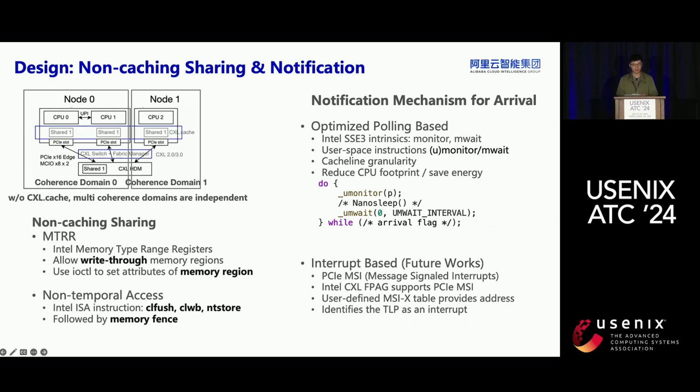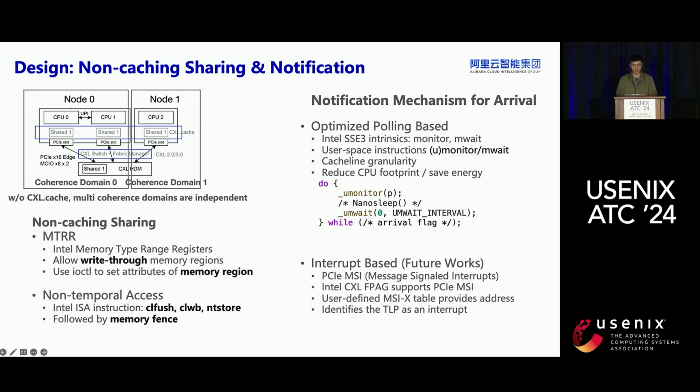The first is MTRR. It provides a way to control access and cacheability of physical memory regions with certain ranges of memory addresses. It allows for write-through, write combining, and write-back caching. We get the physical memory region of CXL memory from SRAT in ACPI, and then use I/O control to set the attribute of such memory region as uncacheable.